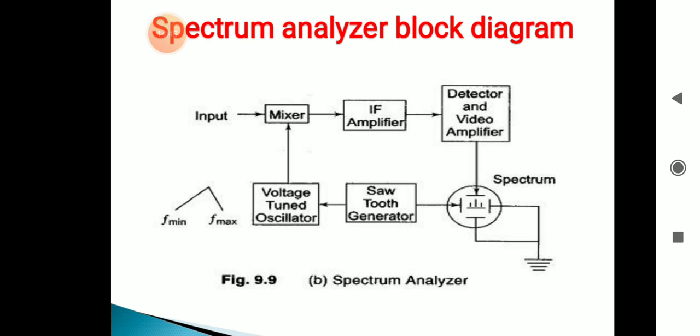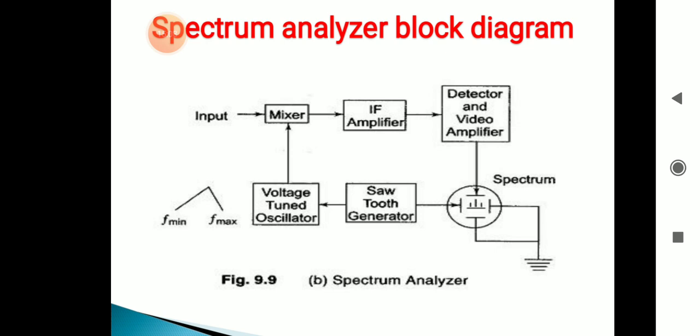In the last point of the spectrum analyzer, the IF amplifier amplifies the corresponding component, and a detector is used if necessary, and then it is applied to the vertical plates of the CRO, producing a display of amplitude versus frequency.